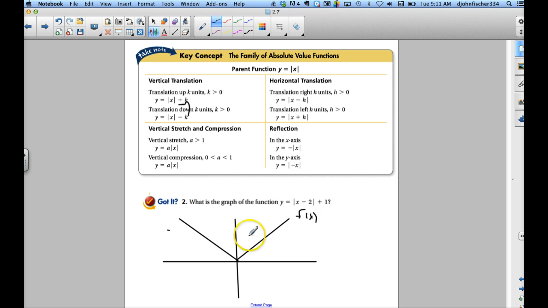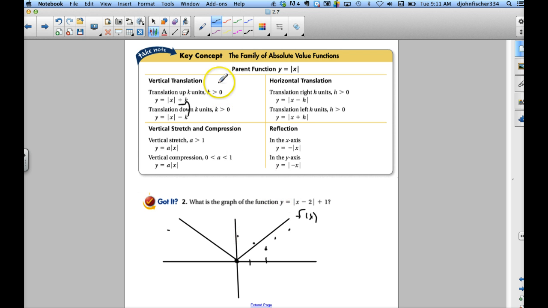So in other words, I'm going to take this point which starts at 0, 0. We're going to move it 2 units to the right since it's minus. And we're going to move it up 1 unit. So my starting point is there. Then we go up 1 over 1 in both directions.